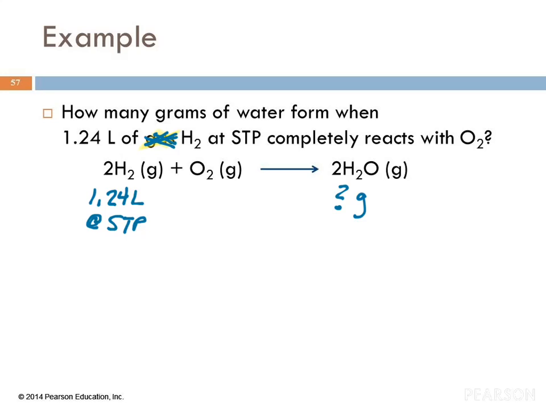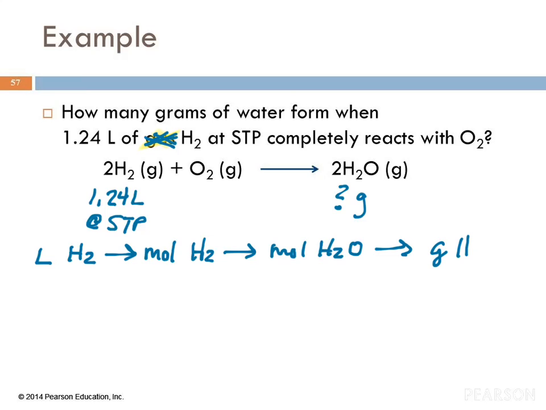So our path: we're starting with a volume of hydrogen, so liters of H2, and we always go to moles in the middle. Moles of H2 to moles of O2. No, not O2. That's not what we want. We want H2O. To grams of H2O.